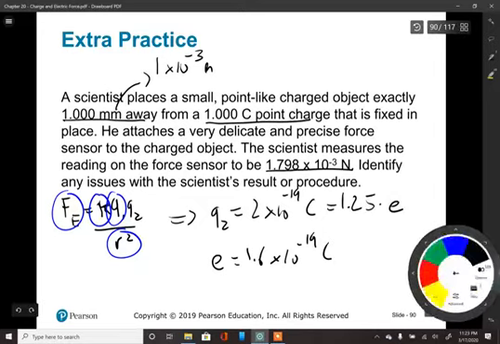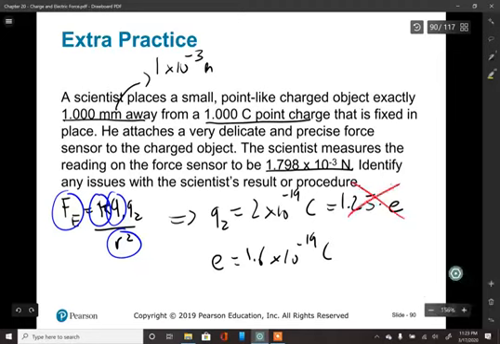This can't happen. You can't have a fraction of the fundamental charge. It's either E or it's 2E. So there has to be something wrong with his result. Maybe it's a procedural mistake. Maybe there's friction involved that he neglected. Maybe it's a calculation mistake, or his force sensor is calibrated wrong. But something is clearly not right, because you got a result that's physically impossible.